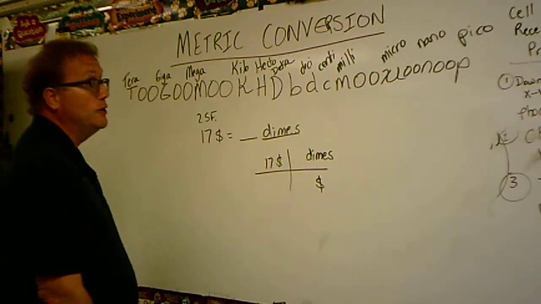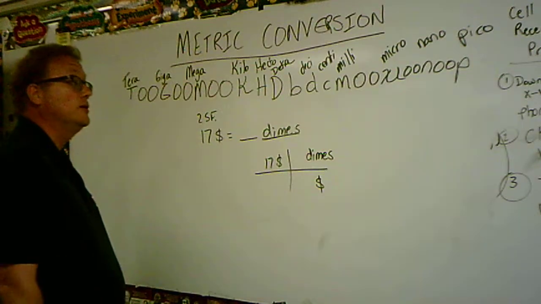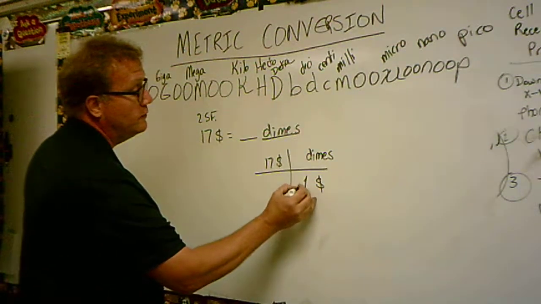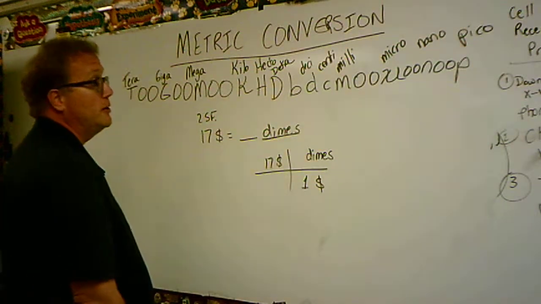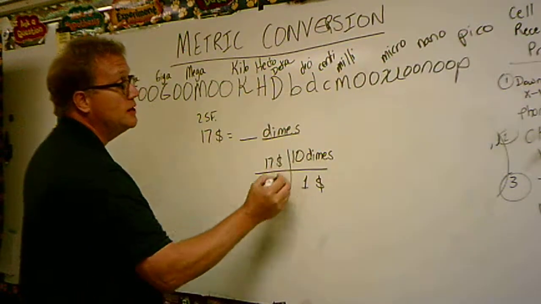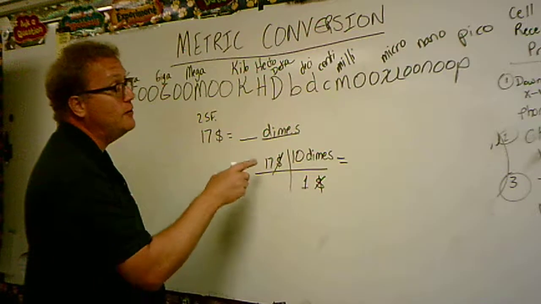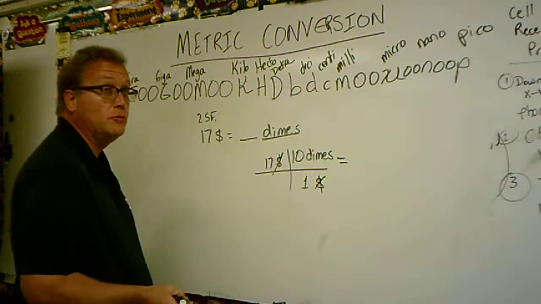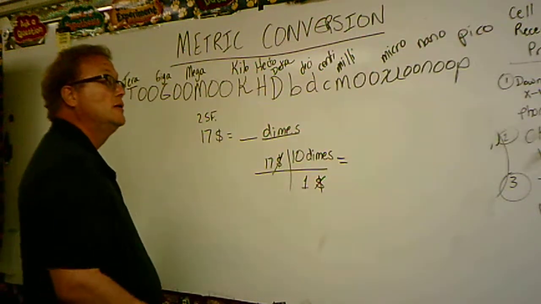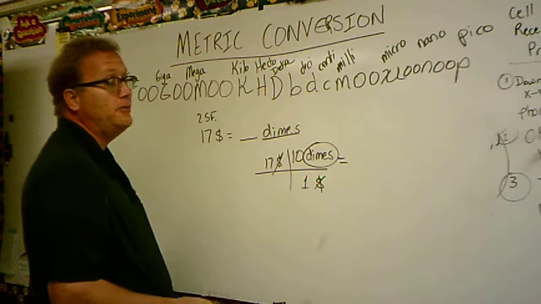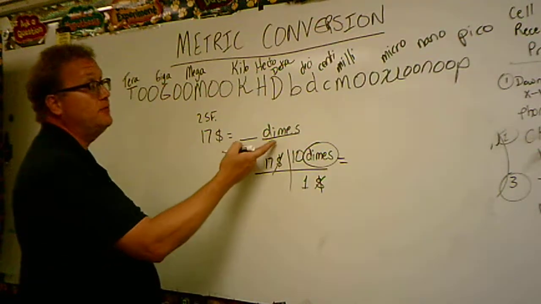I want to move directly into dimes because I can do that rather easily. Which one's the big one? Because we always look at the big one. This is the big one. How many dimes are in a dollar? 10. How many dimes do I have after I cancel those out? Because that's what I have to do as I am moving. I am canceling. Top, bottom, cancels. I'm in dimes.